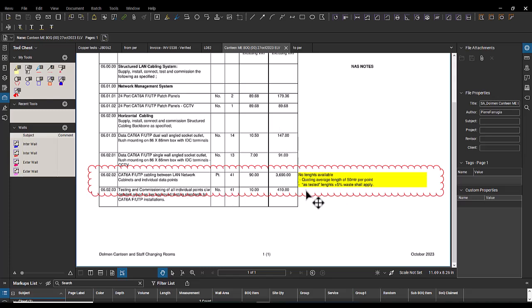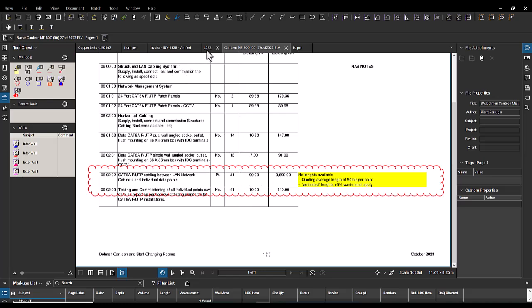What we are saying here is quoting average length of 50 meter per point as tested. So we're just assuming it, but it doesn't mean that we can change the unit rate. This is an agreed unit rate.